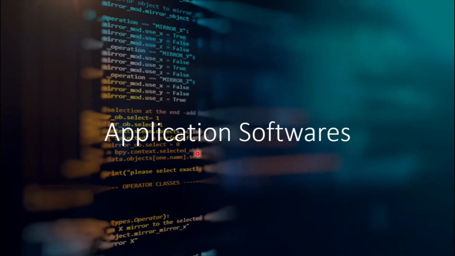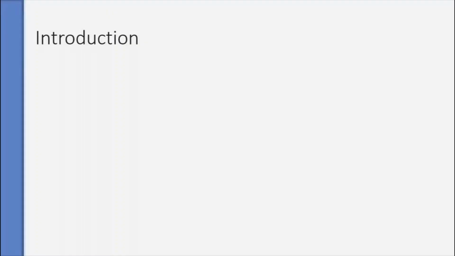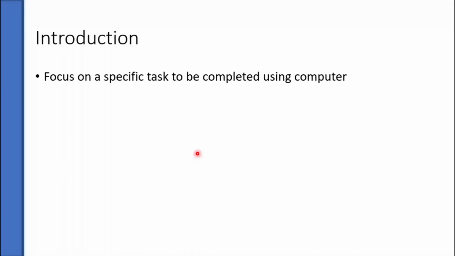Application softwares. Today we are going to speak about application softwares. First of all, we'll go through a small introduction of what an application software is. Application software focuses on a specific task to be completed using a computer.